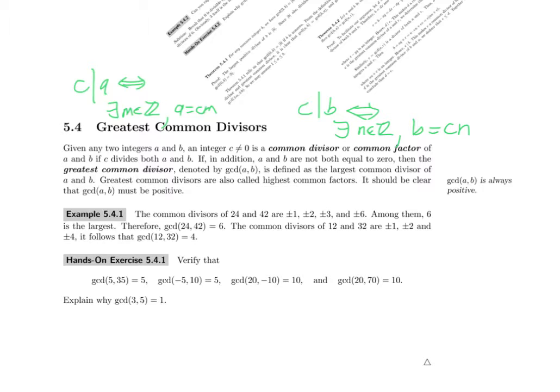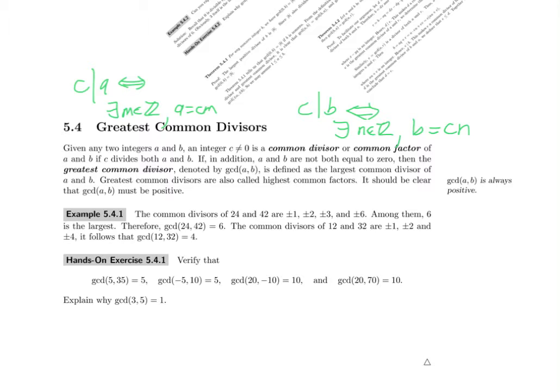When we have the list of divisors of two numbers and we figure out which divisors are in common to both numbers, there's definitely going to be a greatest one of these, which we call the greatest common divisor, and we use the notation GCD of a and b.